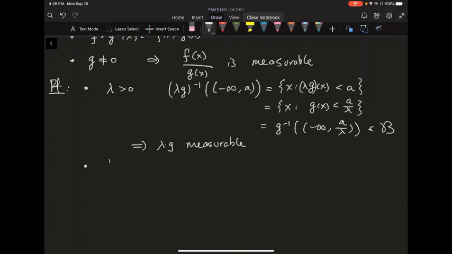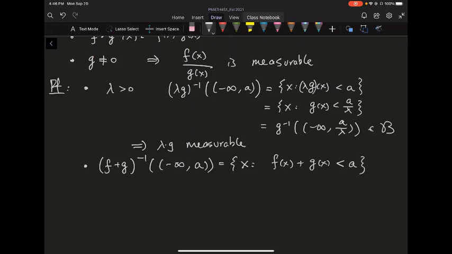So let's consider f plus g. This is slightly tricky, so let's consider f plus g inverse of negative infinity to a again. This is essentially all the x where f of x plus g of x, their sum, has to be less than this fixed number a.